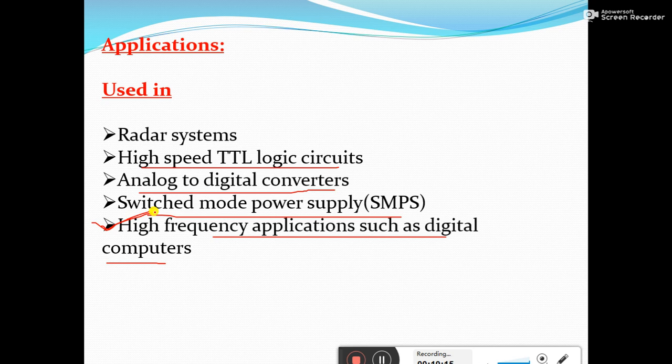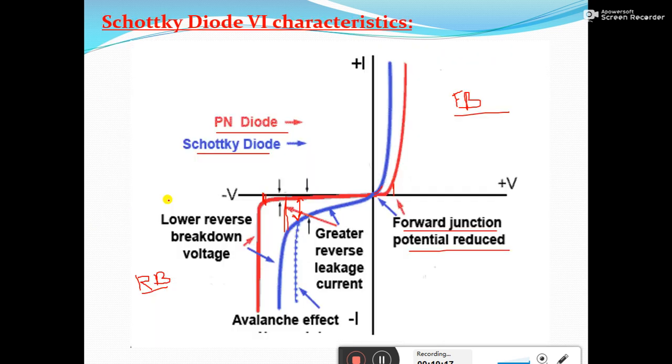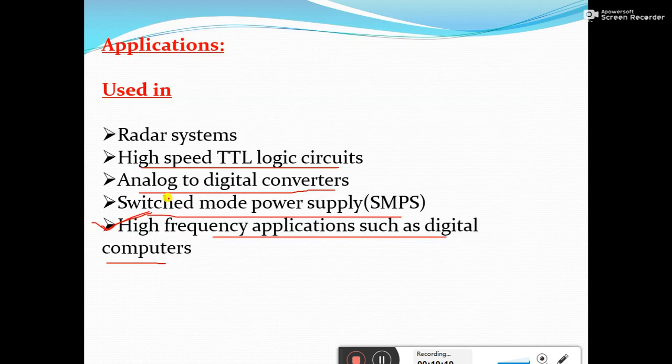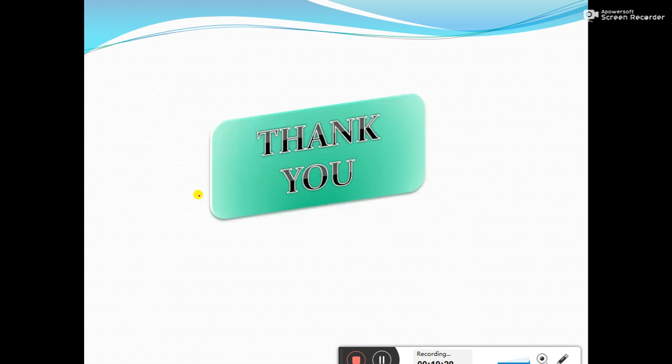With the Schottky diode, I can have a fast reverse recovery time, in the sense I can use them even at higher frequency applications without any deterioration in their performance. Thank you.